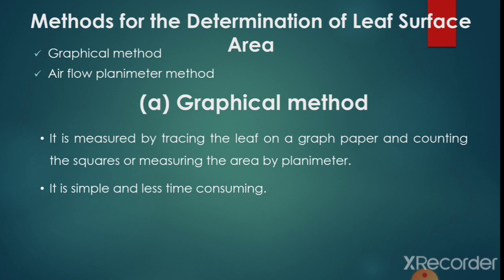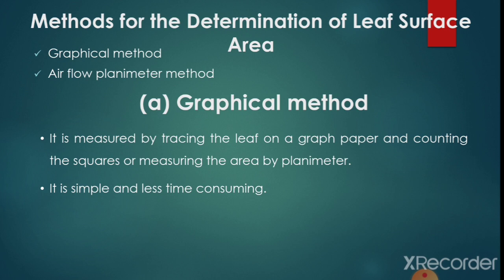In the graphical method we put a leaf of a plant of which surface area is to be determined on a graph paper, and then we draw the outline of that leaf on the graph paper, and the number of squares enclosed by the outline is measured.